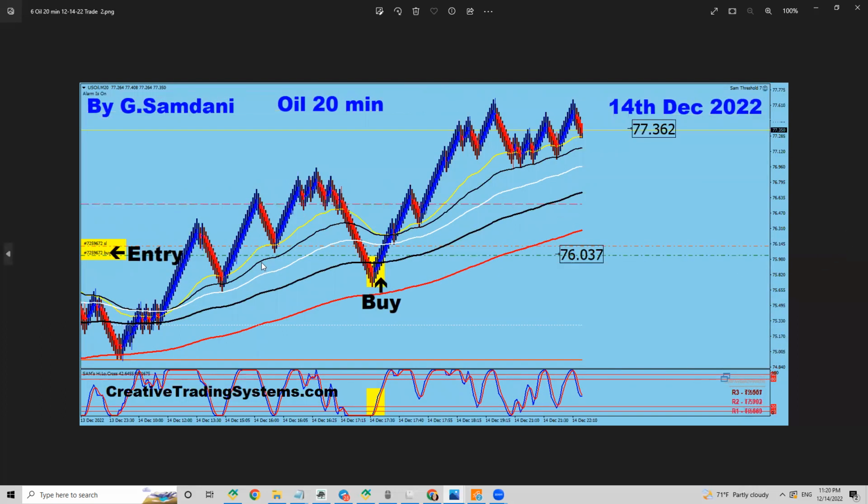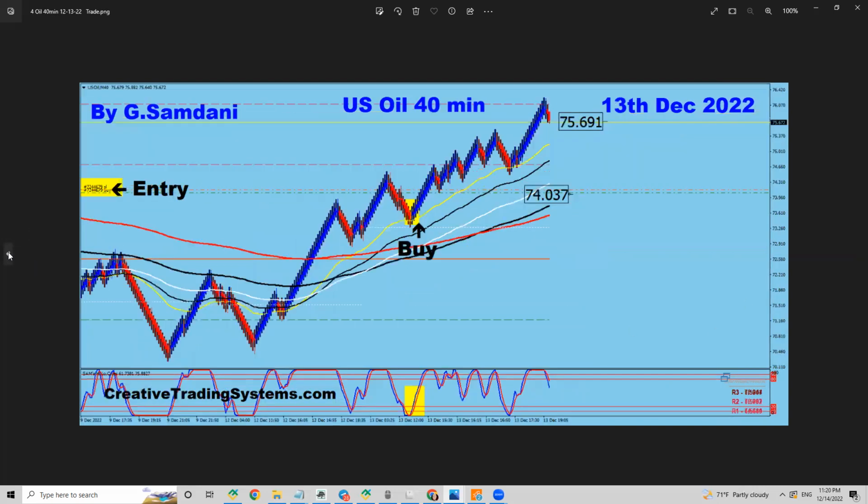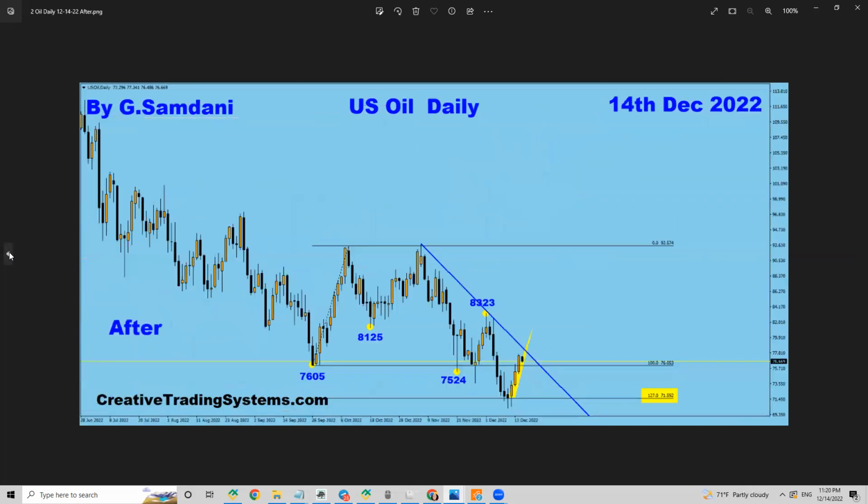So the second one, this was the one. It came down all the way here and it was rising, and I opened the trade. This one went from 76 to 77.36. Two trades today, one from the 40-minute chart, the other from the 20-minute chart. Perfect trades, and even before the 13th and 12th, nice trades, just because of this daily chart.